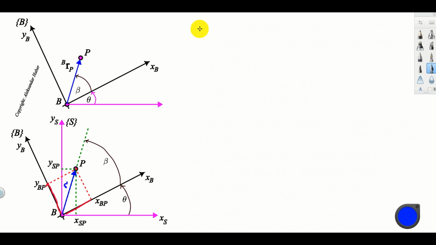Consequently, we can write XSP, that is this projection over here, is equal to cosine of the angle theta multiplying XBP, that is multiplying this projection over here. Then we have minus sine of theta multiplying YBP, that is multiplying this projection over here.